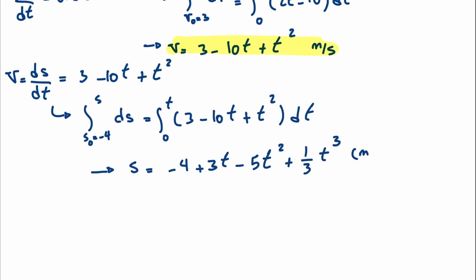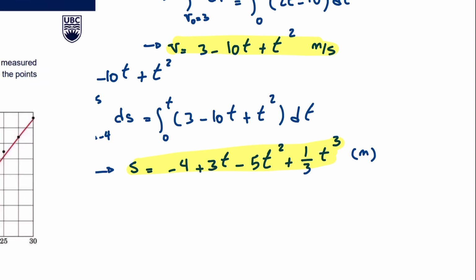And the unit is meters because it's displacement, right? So this is the equation for displacement. And that's how integrals help us paint the complete picture of a particle's journey, from the rate of acceleration to the path taken. Integrals are our best tool for understanding motion. Now let's go to the next question.